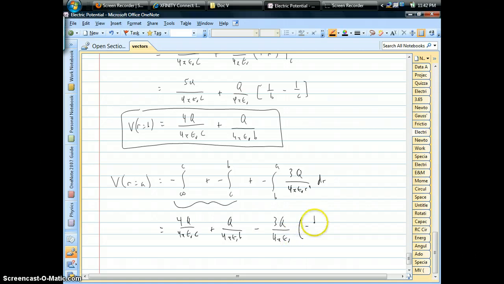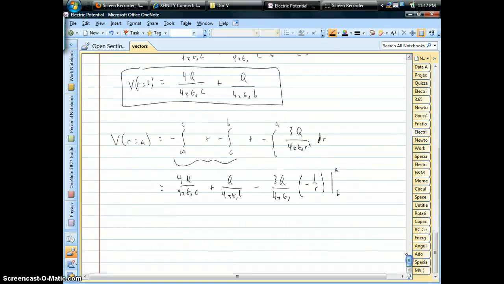Again, it's going to be negative 1 over r is our antiderivative from B going all the way to surface A. When we do this, minus signs go away. We're going to have a 3q over 4 pi epsilon A minus another term, 3q over 4 pi epsilon B.